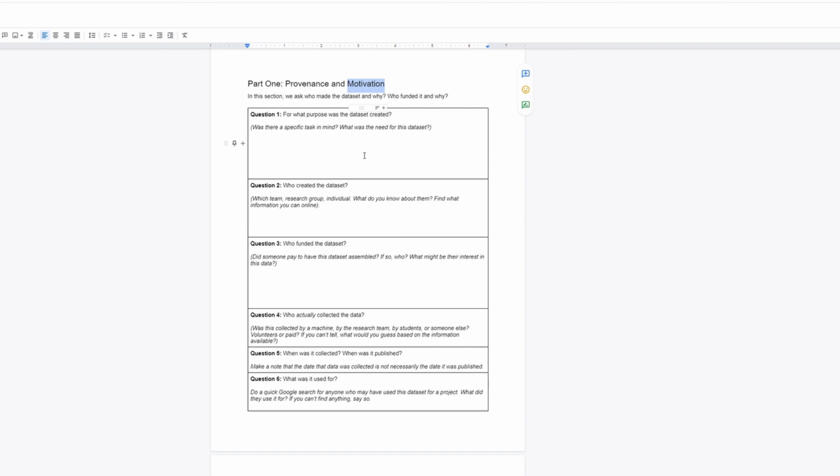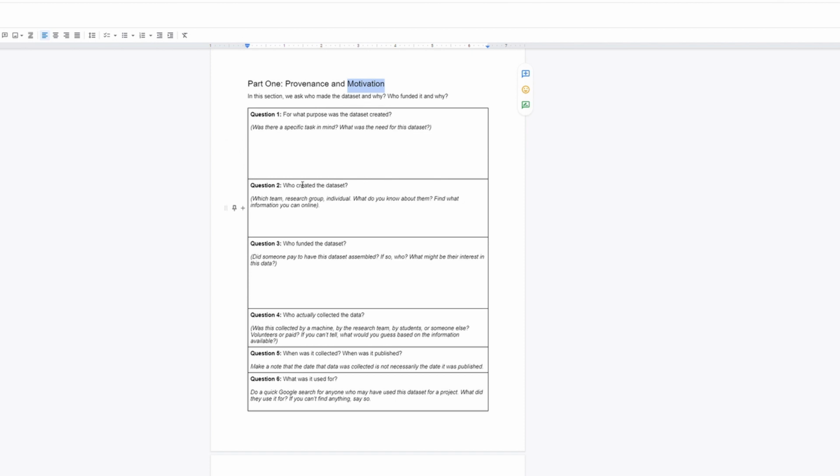Garbage classification is in the title, so we can assume that that's why. What are the specific tasks? What was the need for this data set? Like we said, the reason this exists is possibly for helping to sort. You can imagine a camera being used with a garbage sorting location to figure out, is this plastic, is this a battery, is this glass, where does it go? Which bin does it go into?